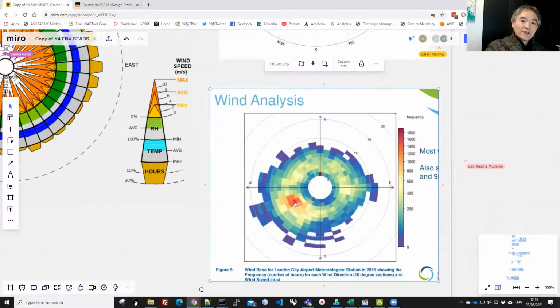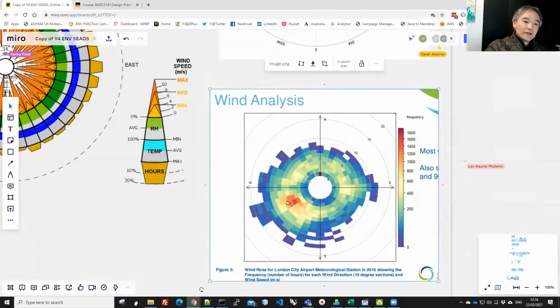But what it did is actually using a heat map. This particular chart is called a heat map, using a heat map to show the frequency and the speed of wind and also direction, the angle is direction, so that's not a problem, where they come from, right?